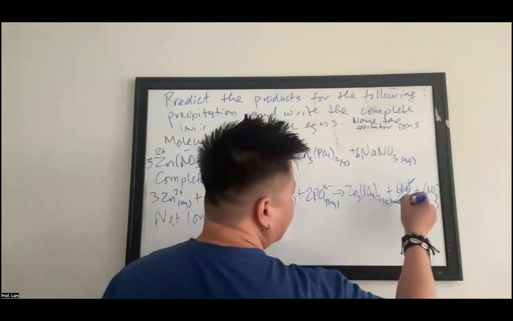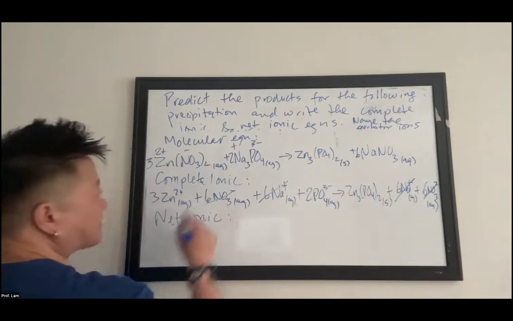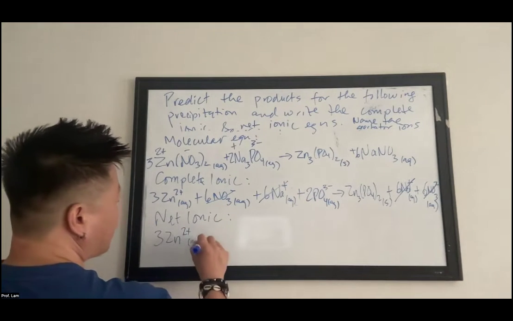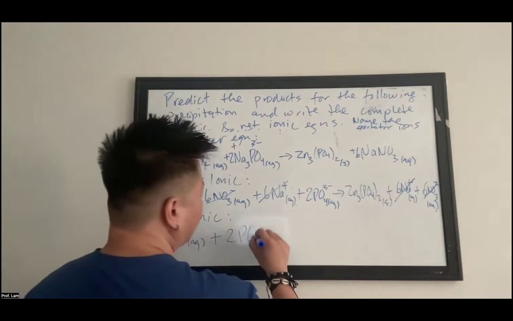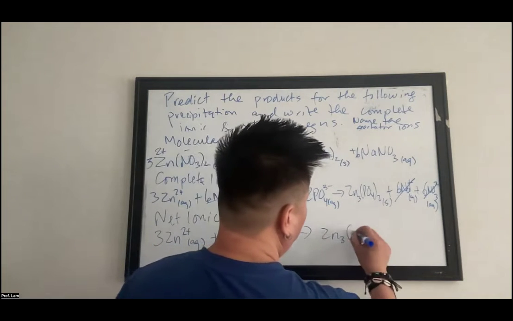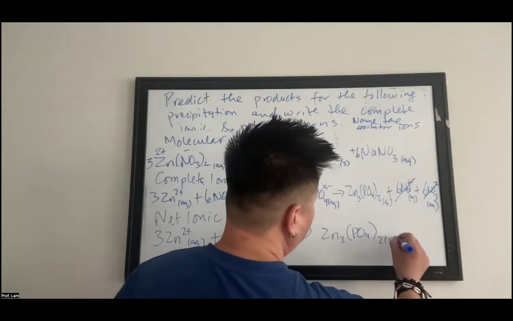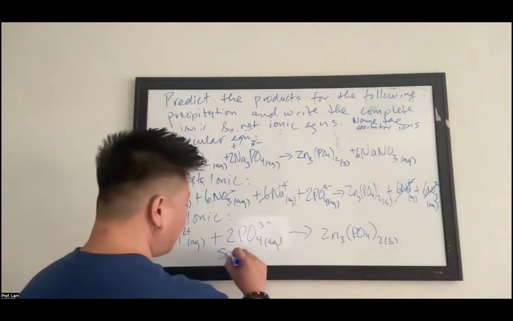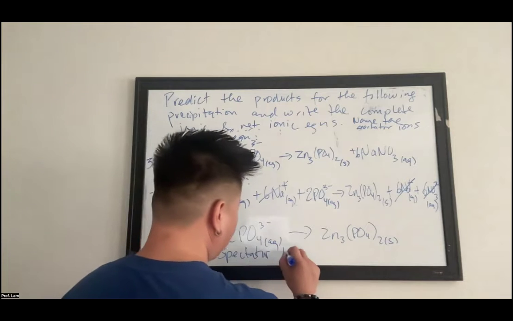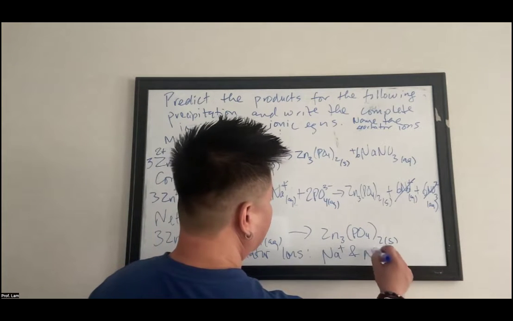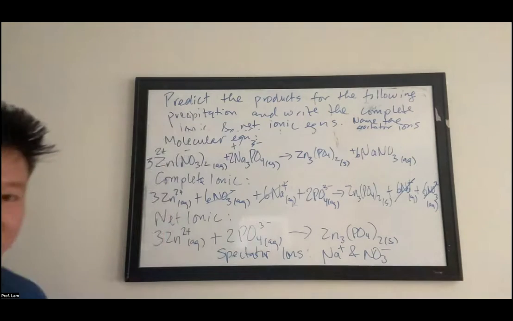You see it? 6 sodiums and 6 nitrates. So we have 3 Zn 2 plus aqueous plus 2 PO4 3 minus aqueous goes to Zn3(PO4)2 solid. Okay. Spectator ions: Na plus and NO3 minus.